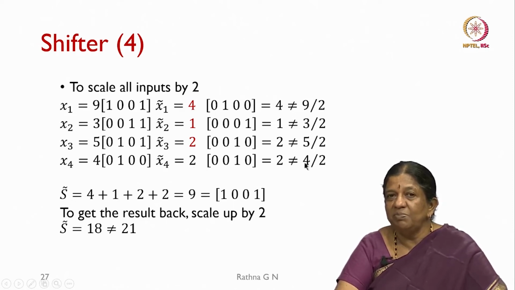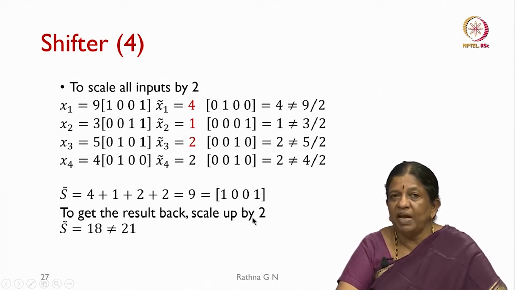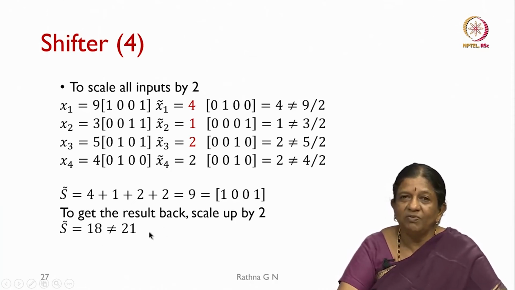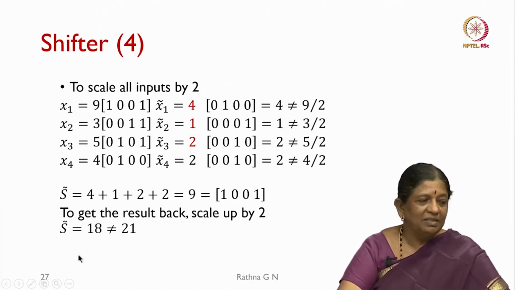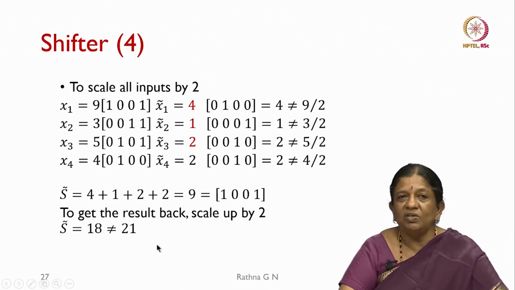If they are divisible by 2, we get the number back, otherwise we have an approximation. Then we see the summation when I add these numbers, which is going to be 9. To get back the result we have to scale up by 2, which gives 18, which is not equivalent to 21. So, these are the errors one has to consider.